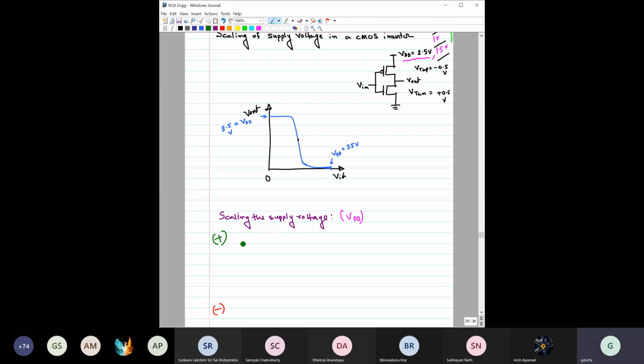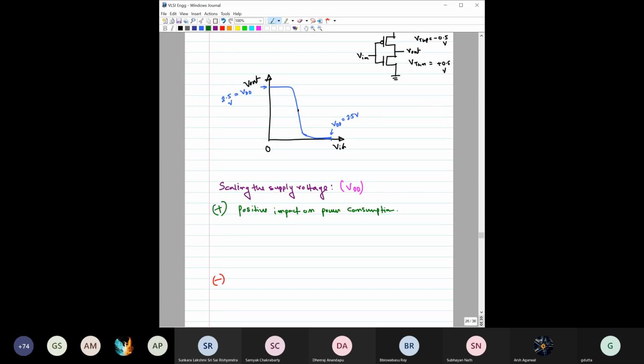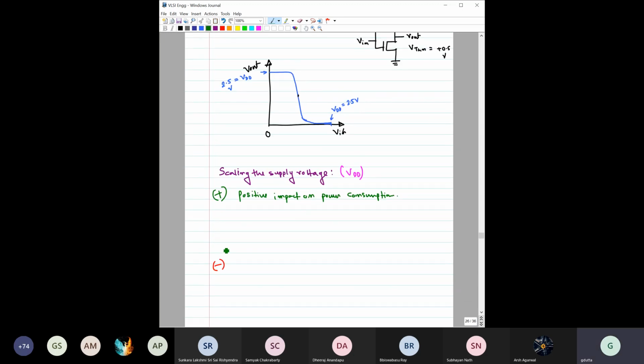It is definitely a positive impact on power consumption, right? But if this is the positive impact, can you please mention, if I reduce this VDD, then is there any negative impact of that as well?